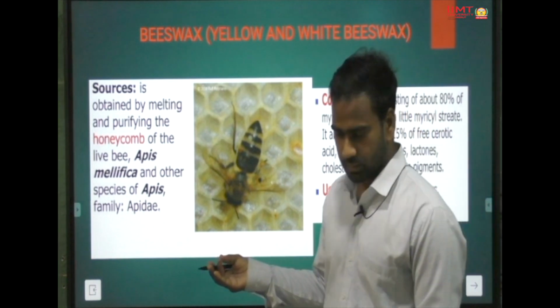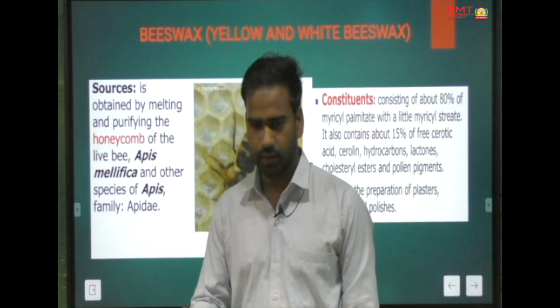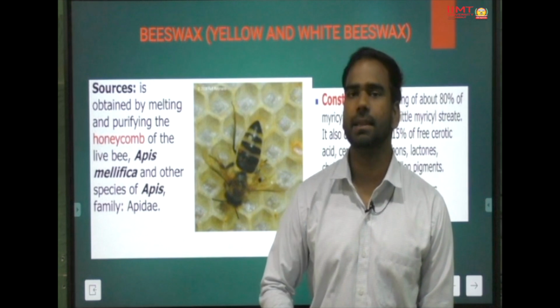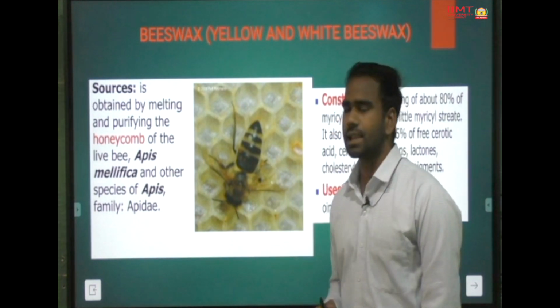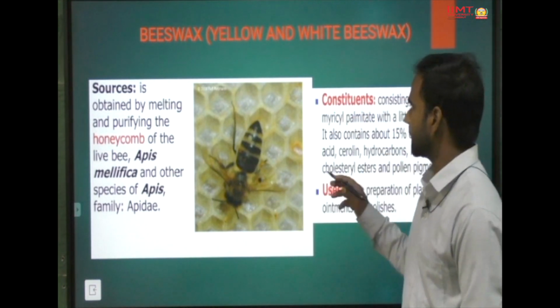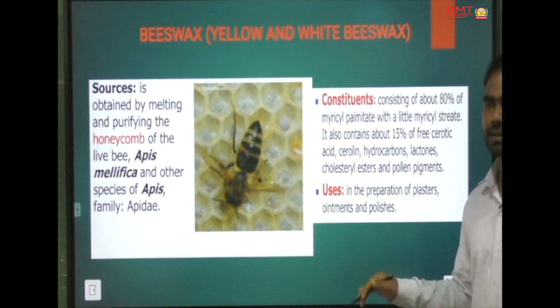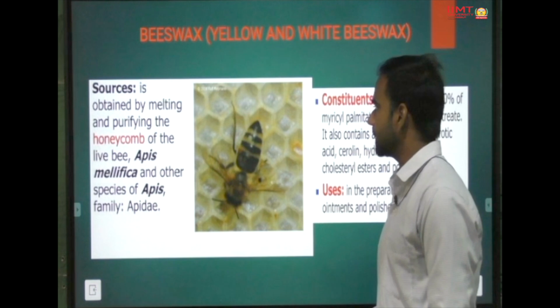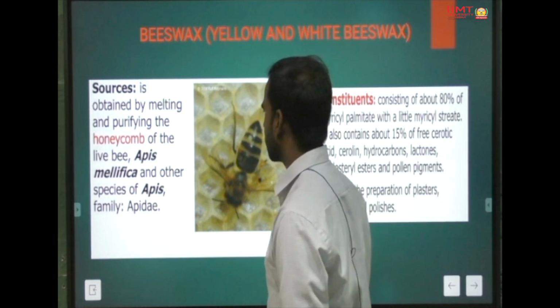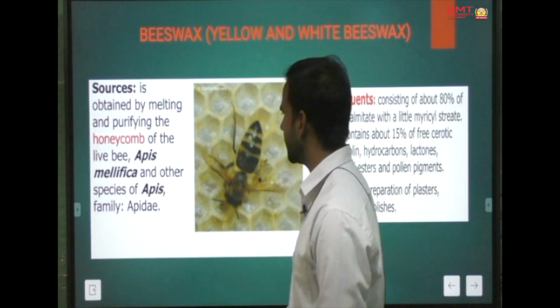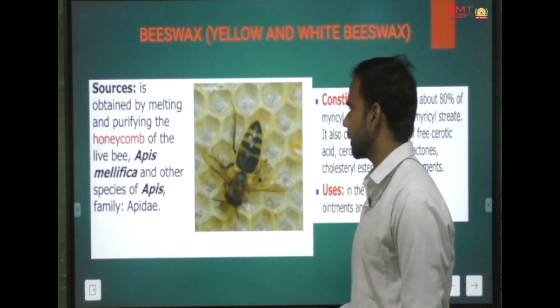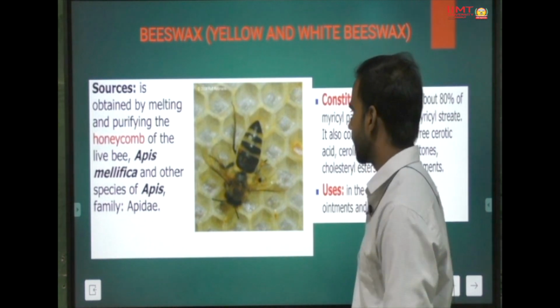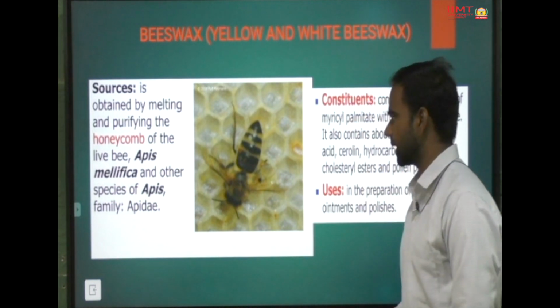One of the common examples is cold creams, where beeswax is used on a large scale for the emollient purpose and for smoothing your skin. Beeswax is obtained from the honeycomb of live bees, scientifically known as Apis mellifica and other species of the Apis family.